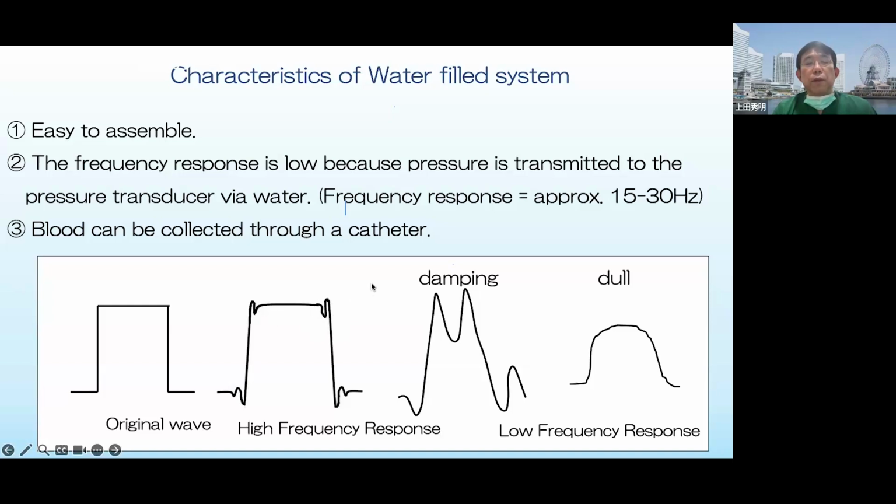But if there's something blocking inside the catheters, for example air or some kind of space, the shape of the pressure should show something dull or damped.